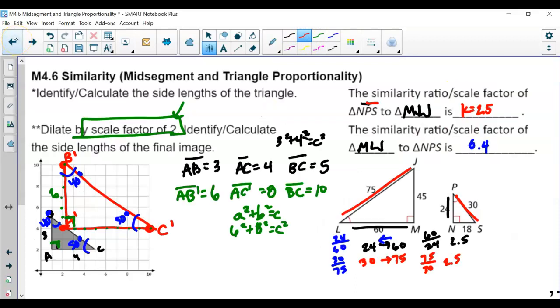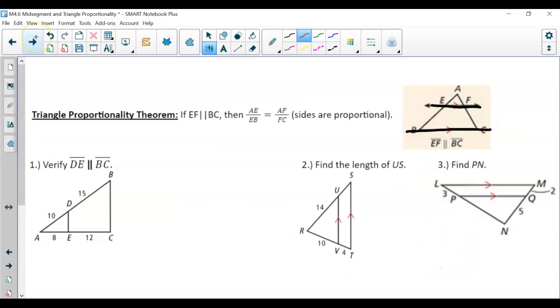So this is what we were talking about here, where we had our proportions to create our scale factor. So that means this side, AE to EB, is proportional to AF and FC here, right? So again, we are creating our proportion.